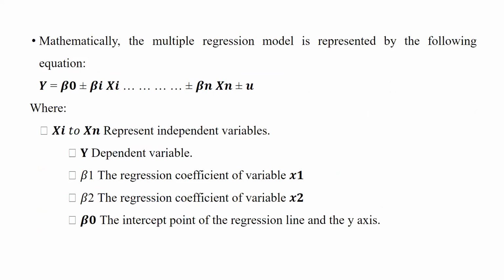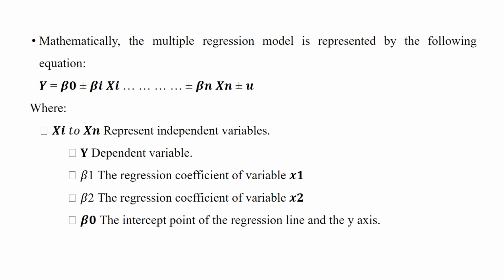This is the equation for multiple linear regression. Mathematically, we denote it as y is equal to beta naught plus beta i into xi, up to beta n into xn, plus u, the error term. Here x1 to xn represent the independent variables.